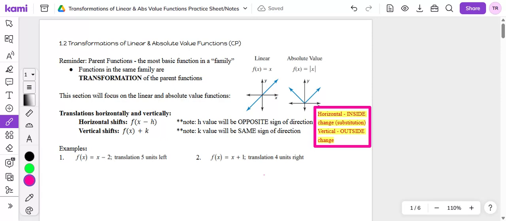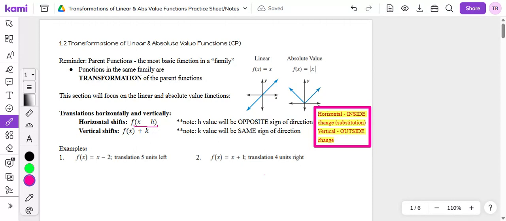So I have here a horizontal shift, which we saw when we did the investigation, is the function where the x is added or subtracted to some number. It is grouped together. So again, as you can see here, we have this x minus h, grouped within that parentheses.